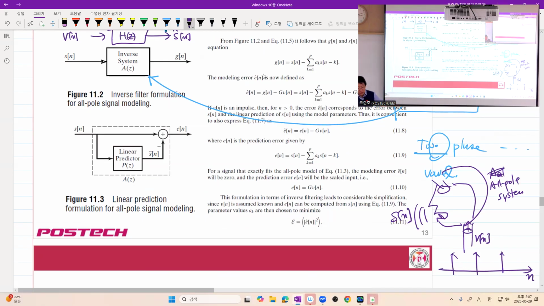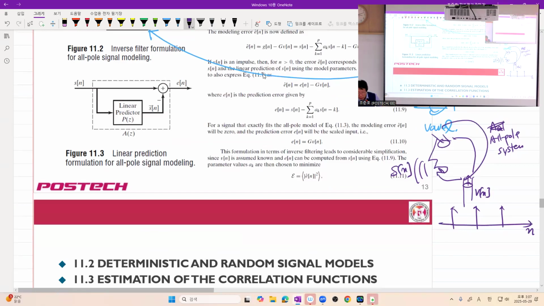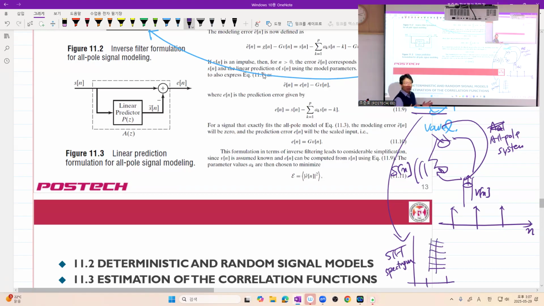And as you've seen in the previous figure, when the short-time Fourier transform or spectrogram is shown, you see something very stationary in a short period. What does that mean? You observe a periodic or almost periodic signal.